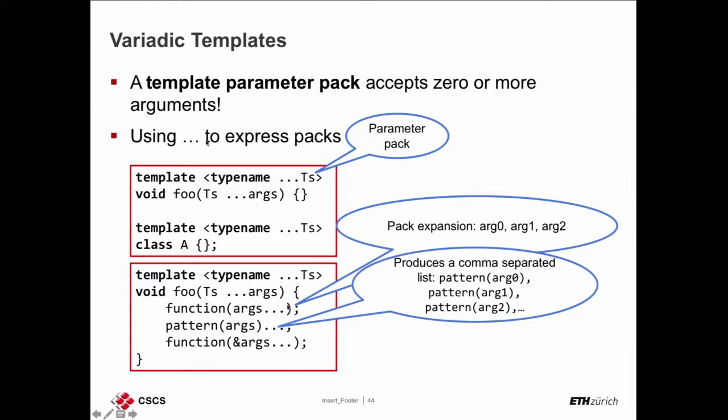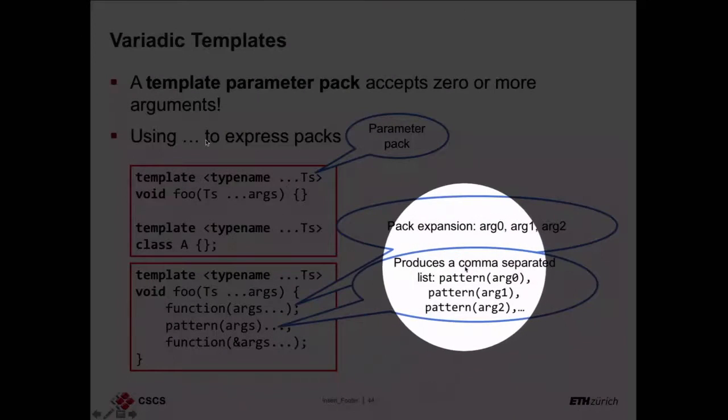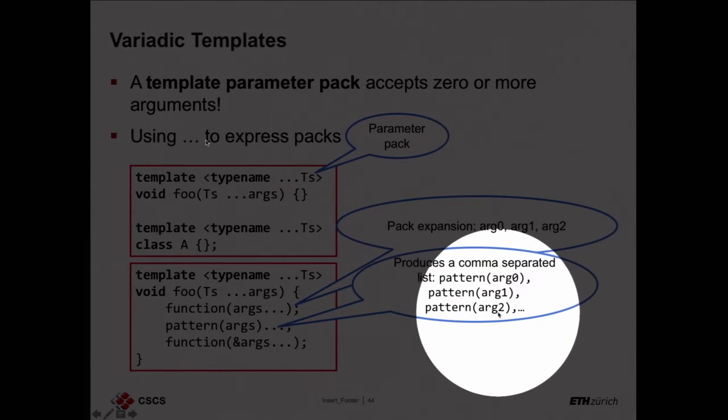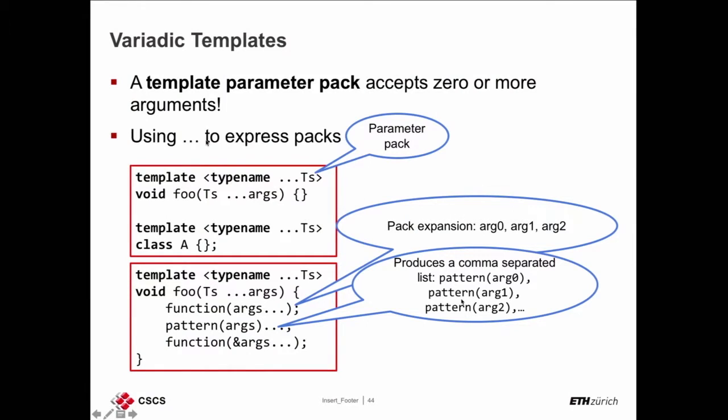And then you will get the expansion that becomes, like here, pattern(arg0), pattern(arg1), pattern(arg2), right? So you take the old string here, and you take these guys, and you expand them. And you put a comma after each chunk.